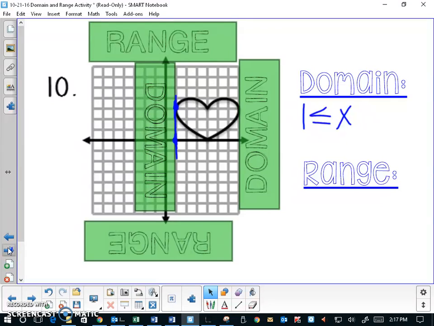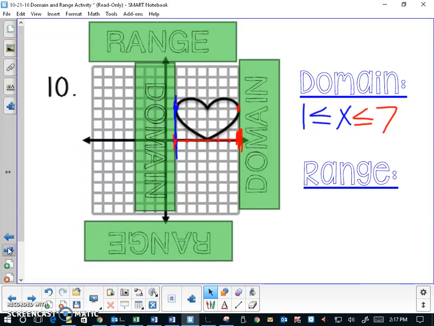Is that actually the biggest X value here? If you look down, that's when X is 1, 2, 3, 4, 5, 6, 7. So 7 is the biggest. It's also equal to. So our domain is going from 1 to 7, and those points are included. So 1 is less than or equal to x is less than or equal to 7.